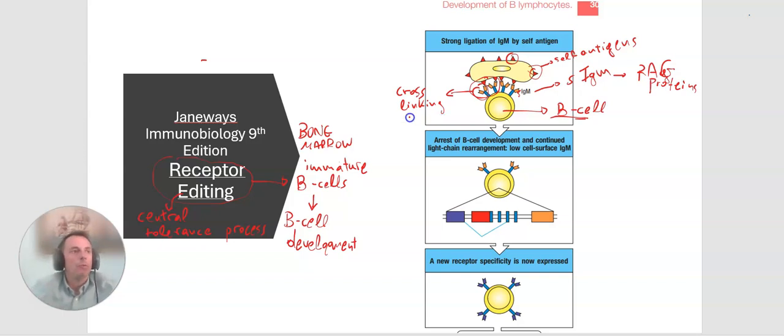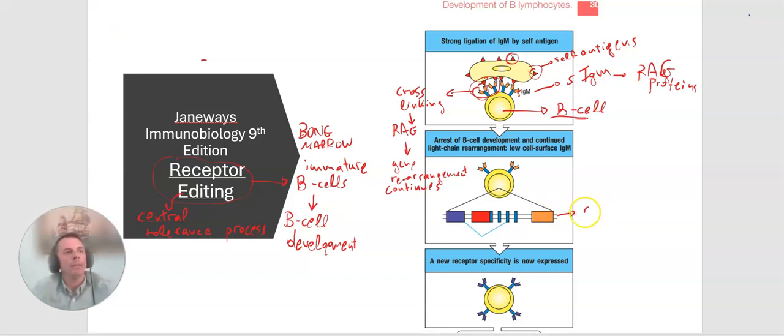Because of that cross-linking, RAG expression continues, and light chain rearrangement can continue. So gene rearrangement continues.